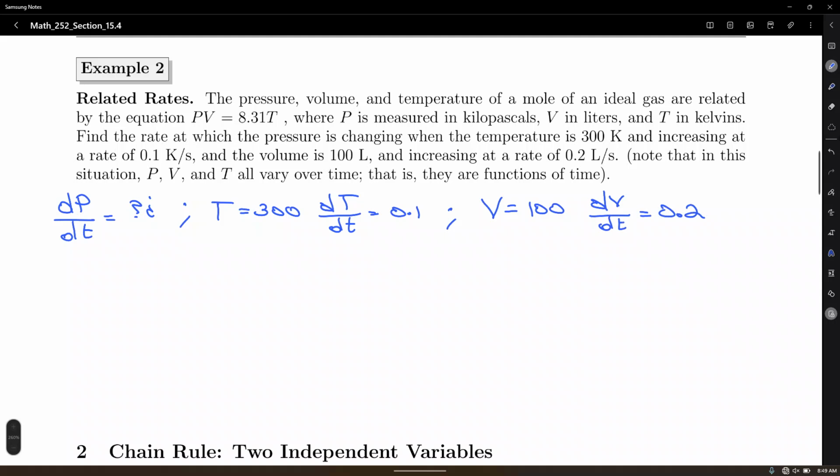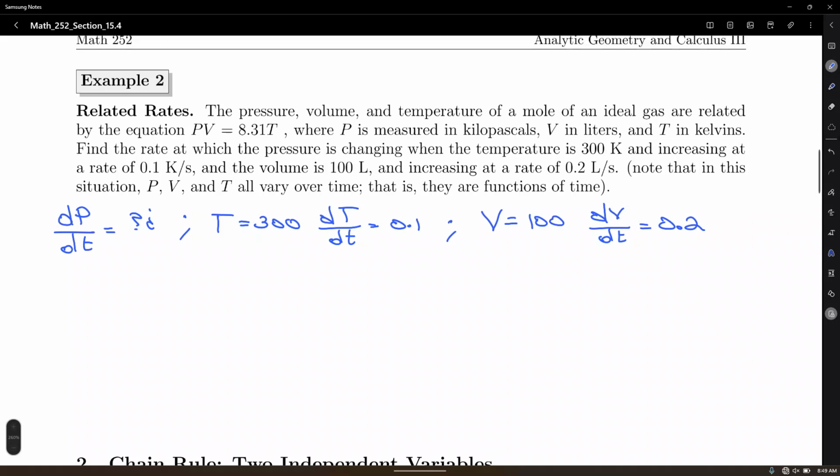Before writing an equation, let's see how this function works. Because we want to know the change in the pressure, let's solve for the pressure first. That is P equals 8.31 T, divided by V, which makes it V to the negative 1.